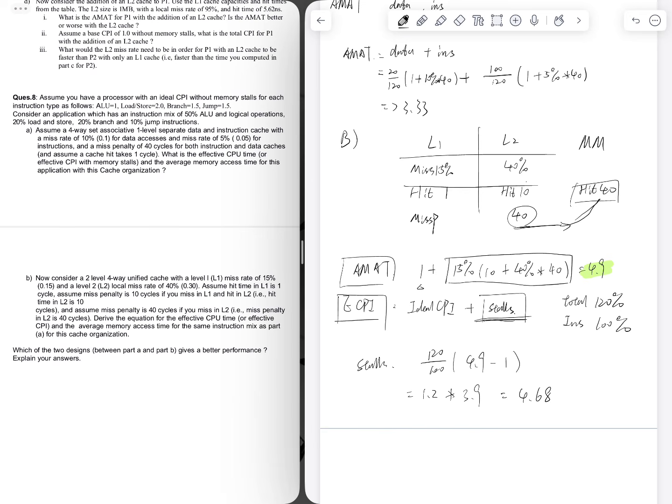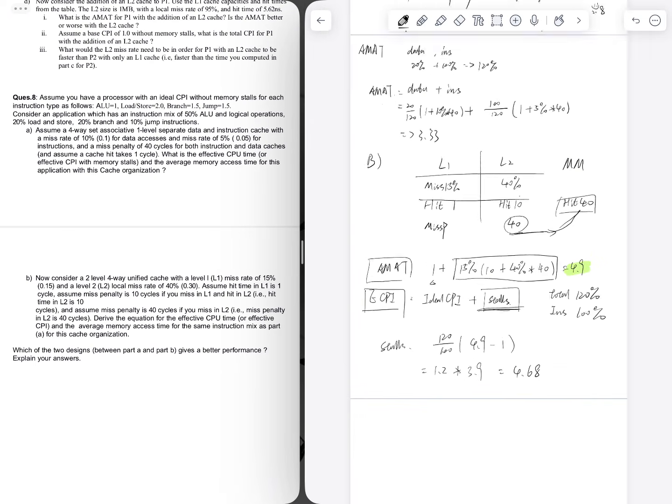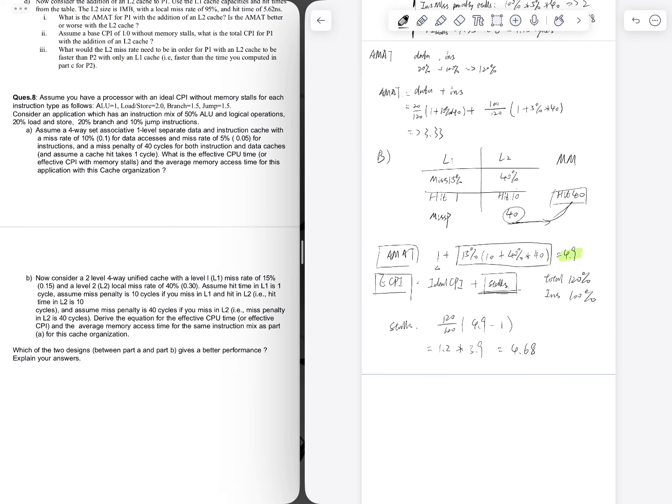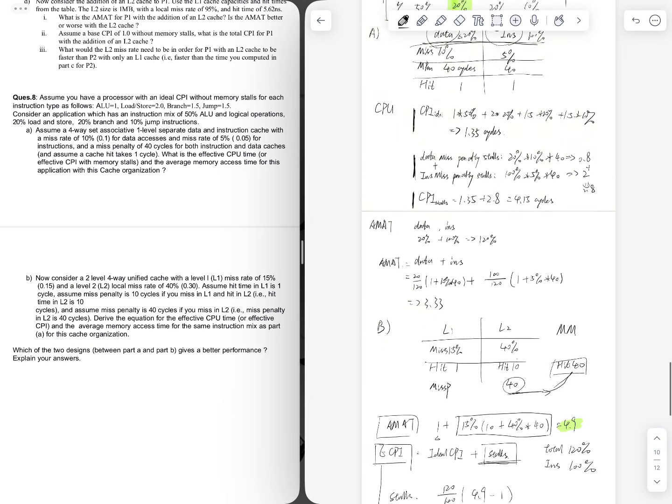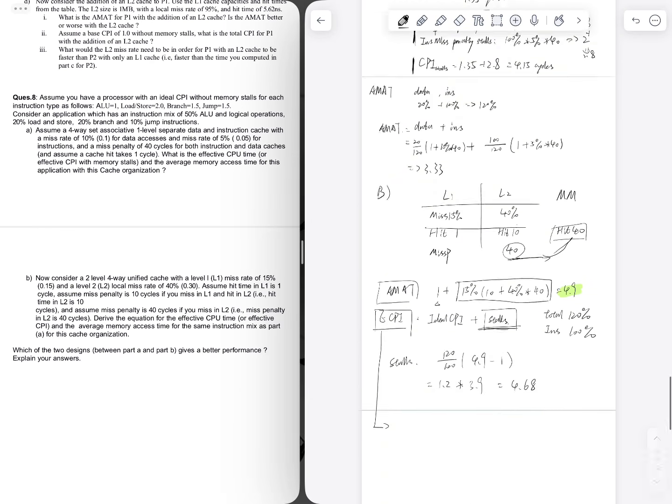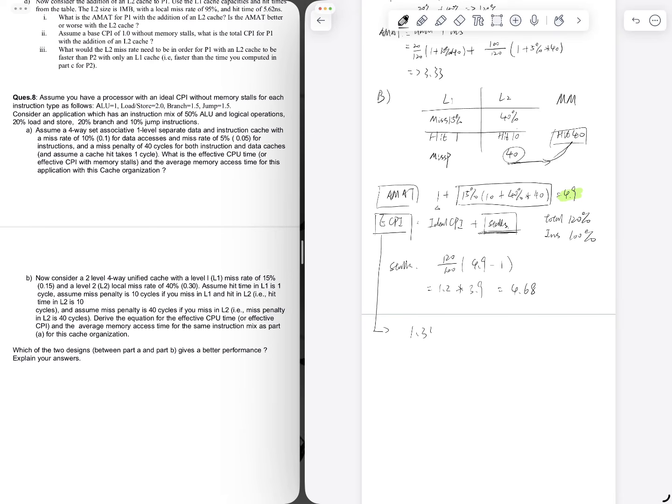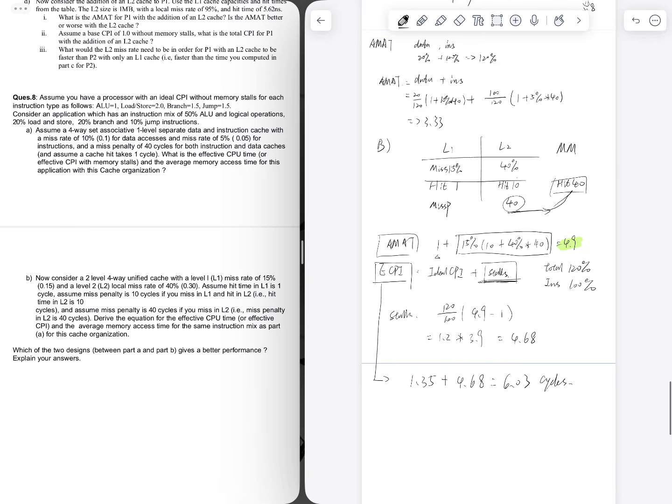So this is the average memory stalls per instruction. And we need to calculate the effective CPI, right? The ideal CPI is 1.35, plus our stalls, 4.68. Here we'll get 6.03 cycles. And here is part B.